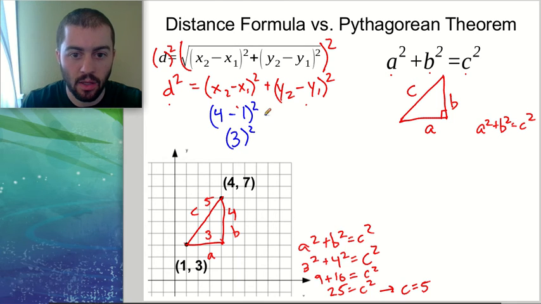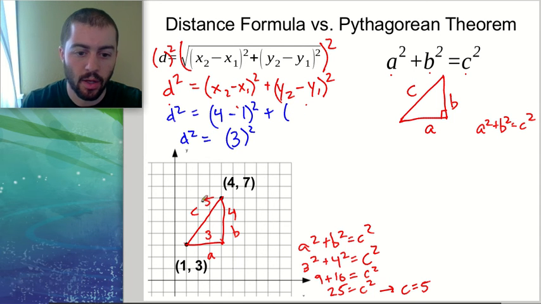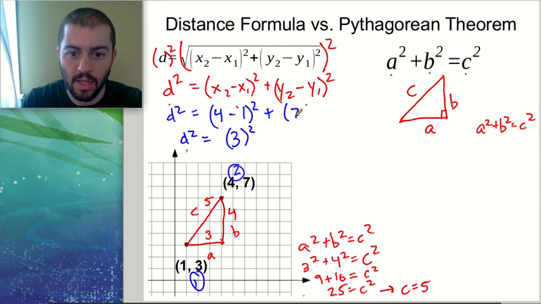And we could do the same thing in the y direction, right? Here I'll fill in the rest of this equation. So we could do the same thing in the y direction, y2. If we, again, label this point 1 and point 2, y2 would be 7 minus y1, which was 3. So that gives us 4. And now we have d squared equals 3 squared plus 4 squared.